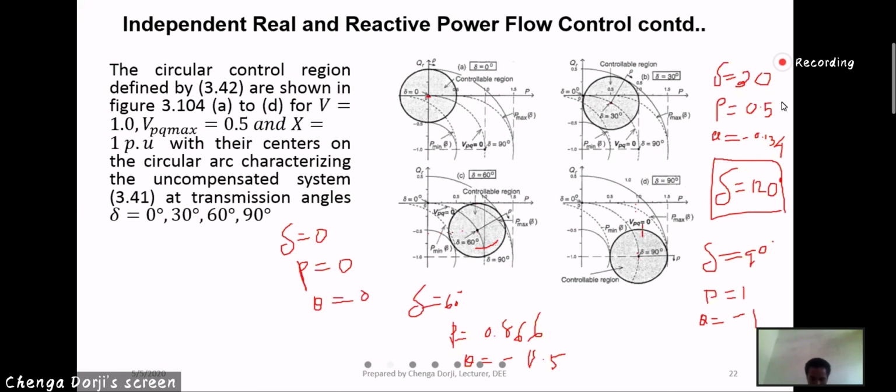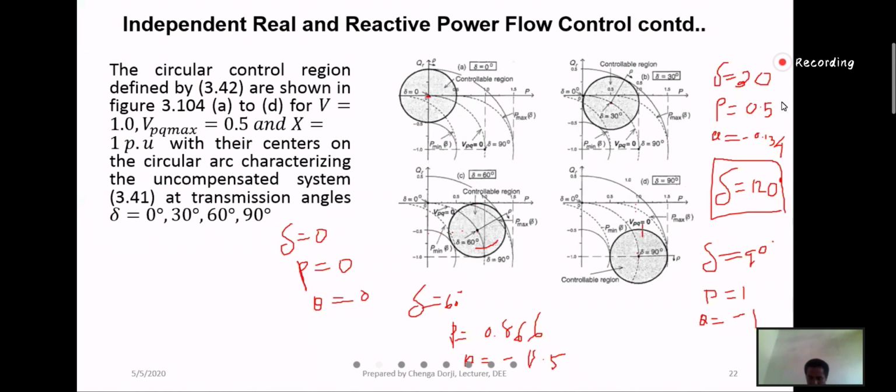So what is your p? Sin 120 is 0.866. And q is 1 minus cos 120, which is minus 1.5. Now can you shift it?